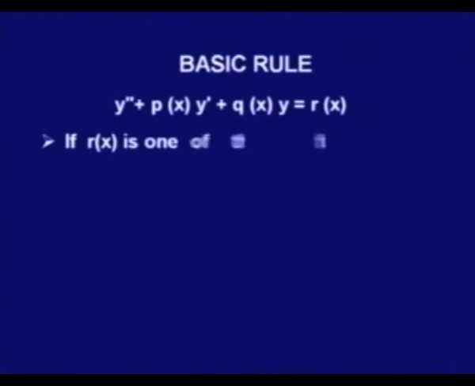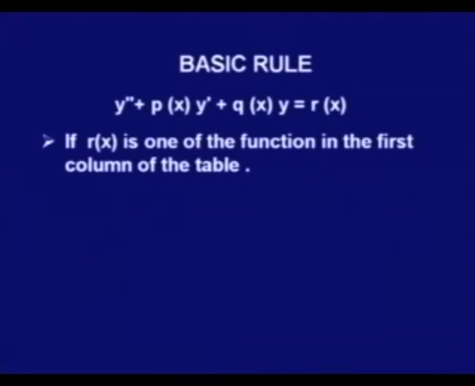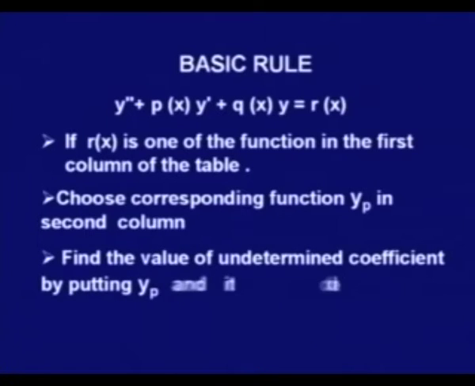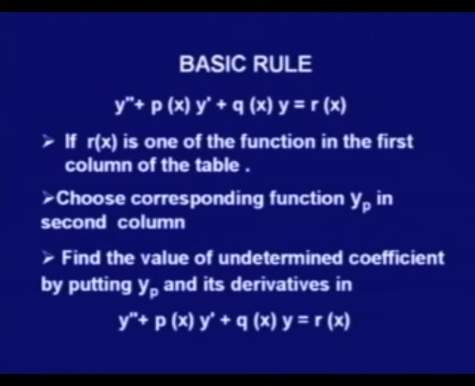As I just explained, for a second order linear non-homogeneous differential equation, y double dash plus p x y dash plus q x y is equal to r x, if r x is one of the functions in the first column of the table, I would choose the corresponding function y p in the second column and find the value of the undetermined coefficients by putting y p and its derivatives in the given equation.